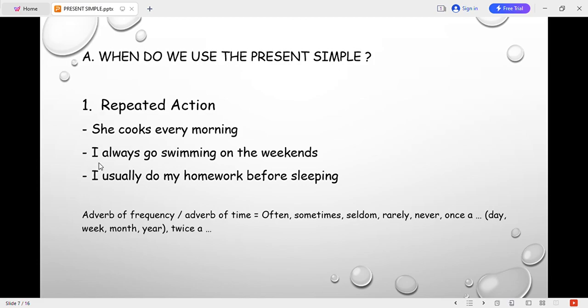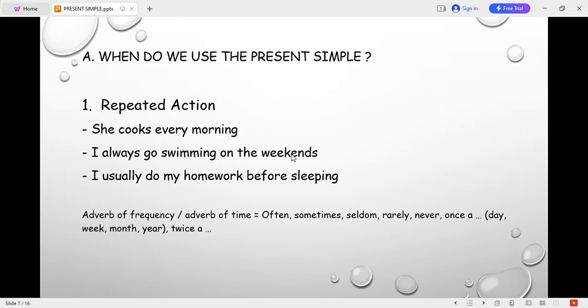And then the next example: I always go swimming on the weekend. The activity done by the subject I is always going swimming on the weekend, not on the weekdays, but on the weekend.